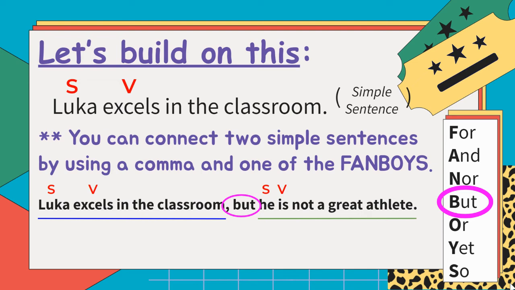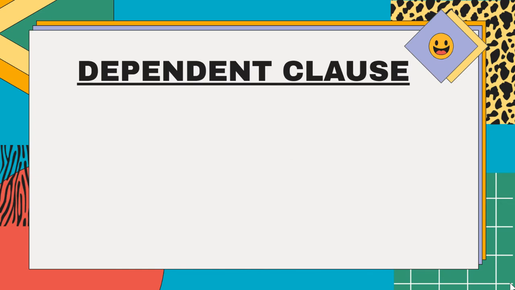I can use any of these fanboys that make sense, obviously in context, to connect two simple sentences together. And this is known as a compound sentence. So, compound meaning I'm taking two, I'm bringing it together. That's a compound sentence.